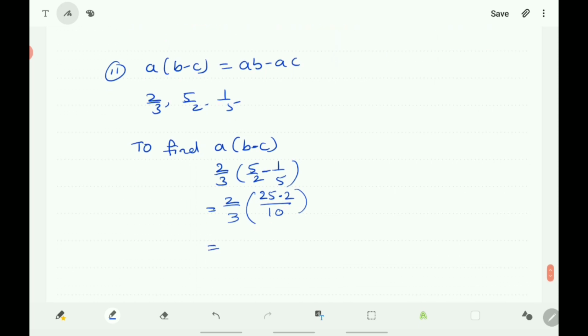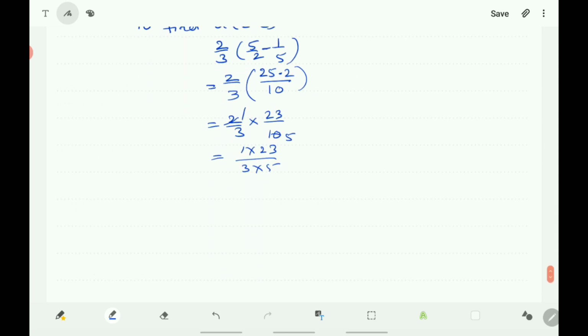Then you take 2 by 3 into 25 minus 2 is 23 by 10. Then you can cancel 2 ones are 2, 2 fives are 10. The product is 1 into 23 by 3 into 5, that is equal to 23 by 15.